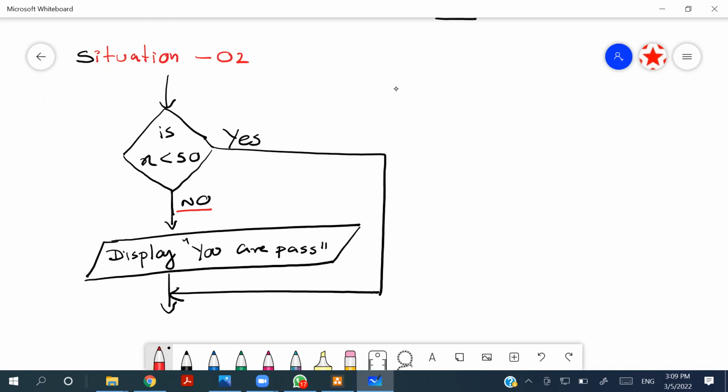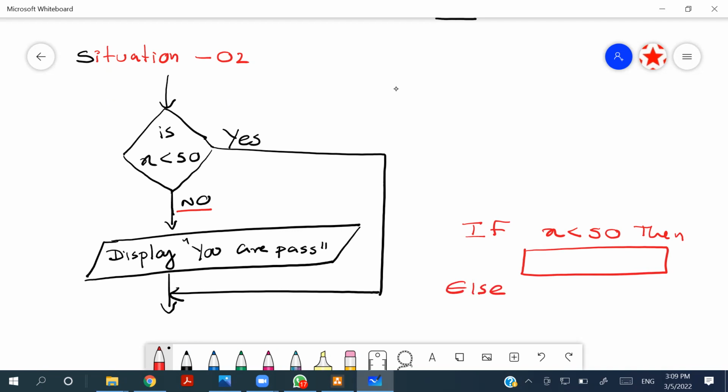So if someone is trying to write it like this, if x less than 50, then nothing is written in the if body. Then you take else. Then it says display you are pass.